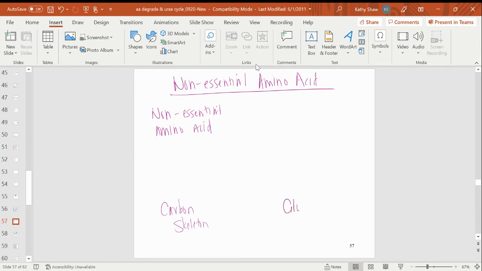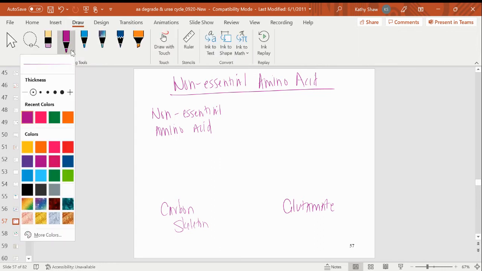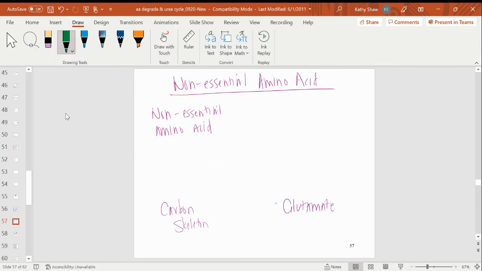I also need a molecule of glutamate, because I'm going to take the amino group off of the glutamate. If I take the amino group off, that gives me alpha ketoglutarate back. I just go back and forth, alpha ketoglutarate, glutamate, depending on whether I'm putting an amino group on or off.